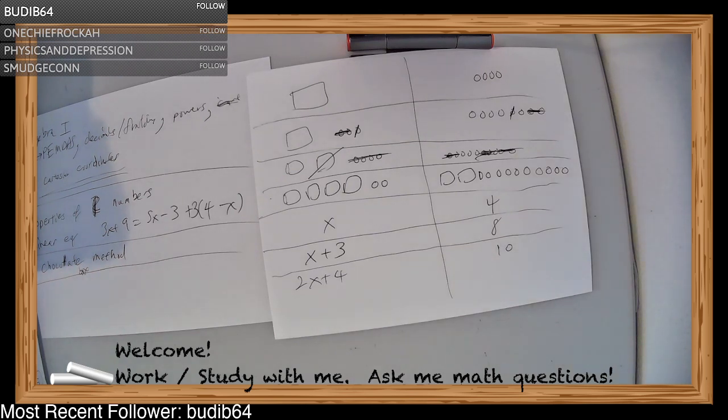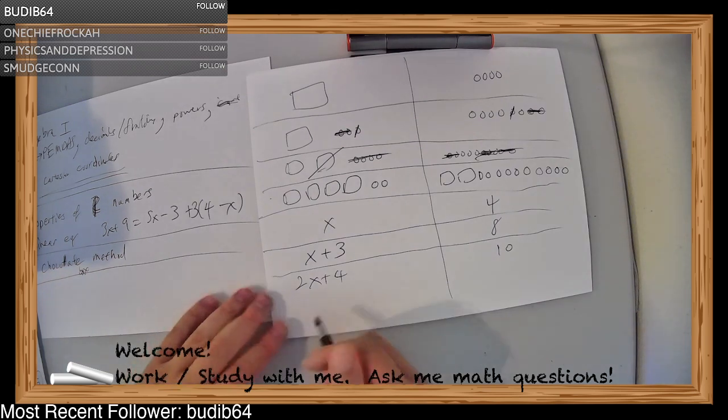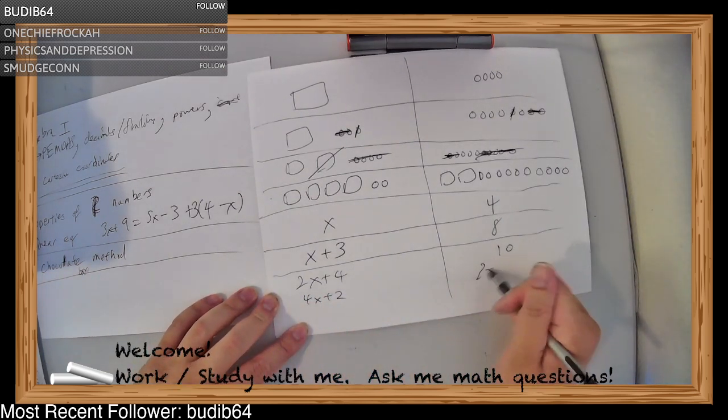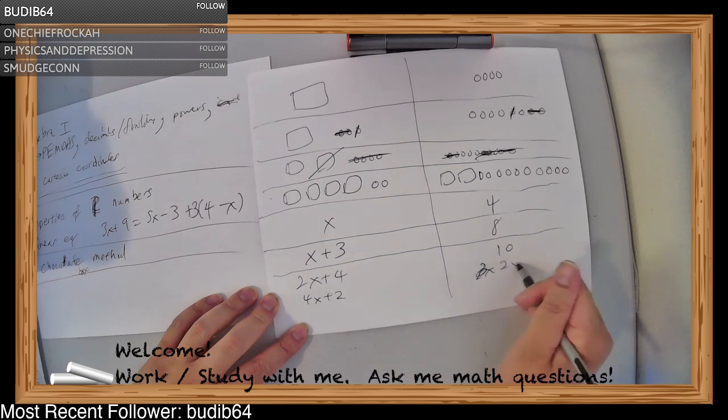And the question is, if all the boxes on both sides have the same number of chocolates, and both sides have the same number of chocolates each, how many chocolates are equivalent to 1 box? Again, this is 4x plus 2 equals 2x plus 10.